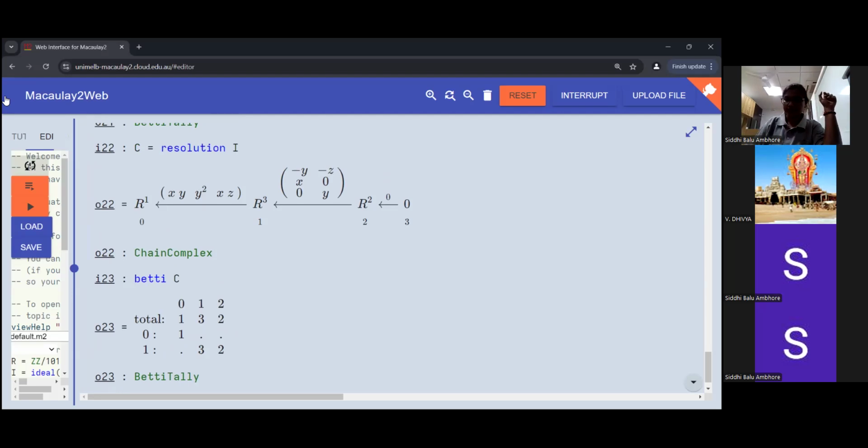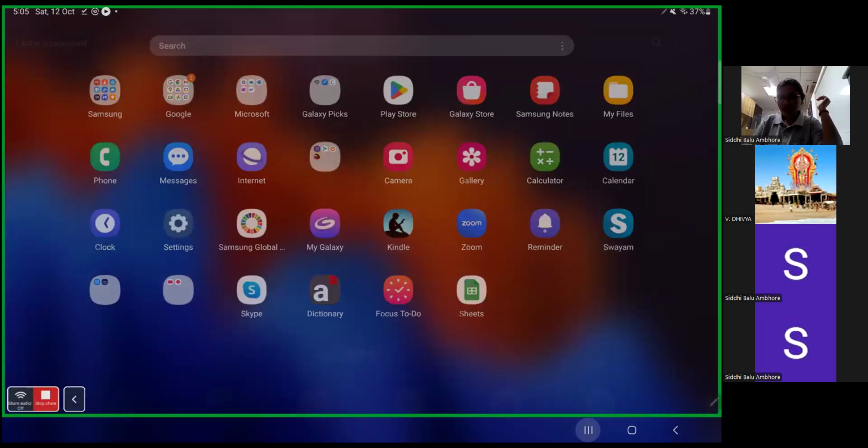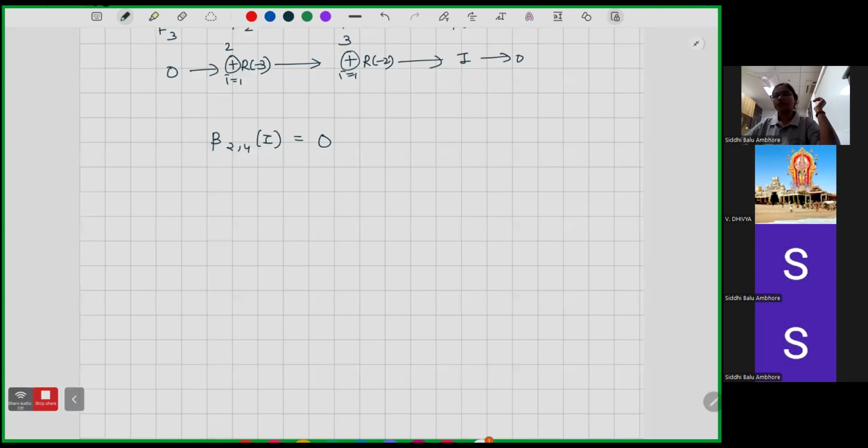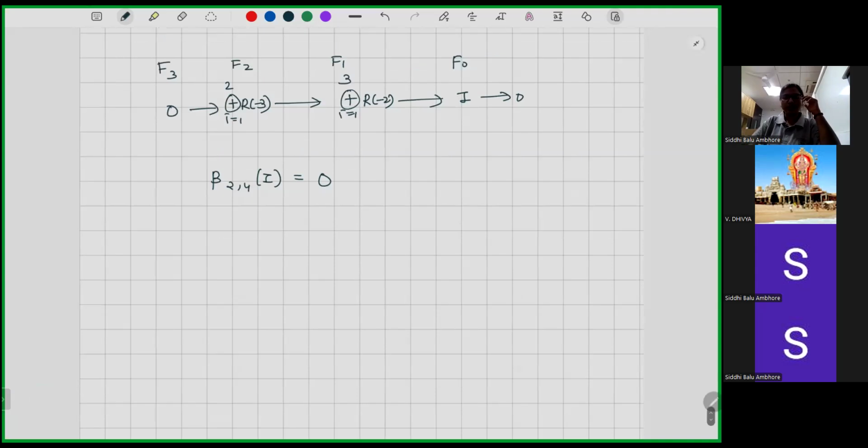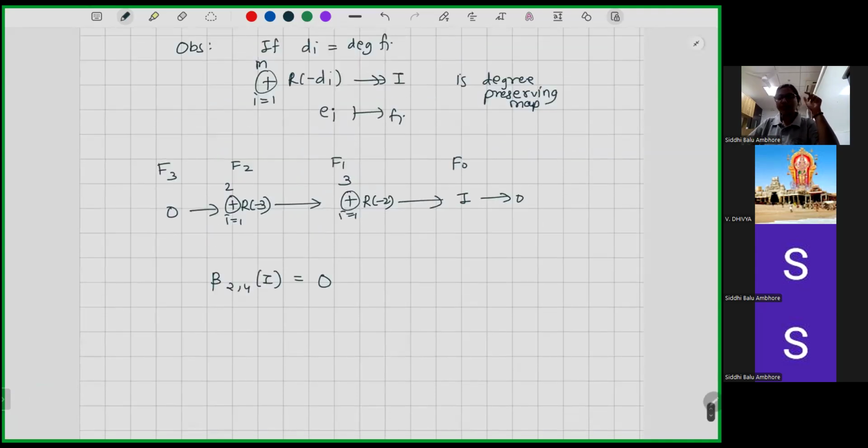let me share my screen again. So here in this screen where I have written, this is beta 2,4.